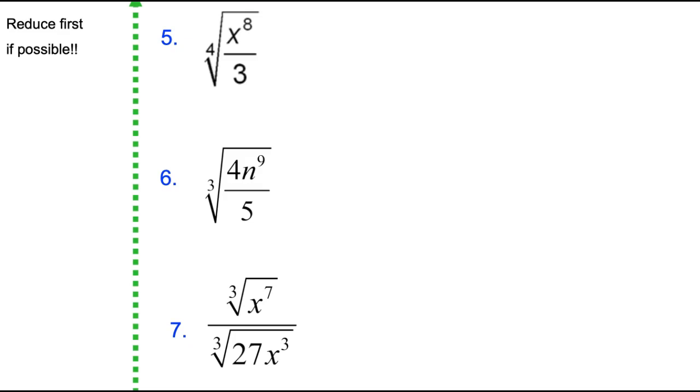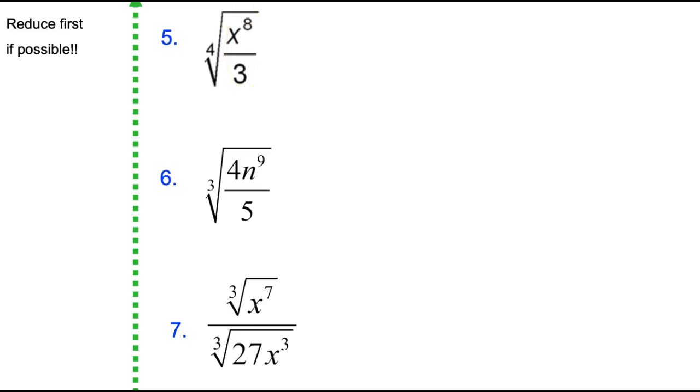Now we have fourth roots, cube roots of like whole fractions. So this isn't too big of a deal. We are going to break these up. Well, first see if anything simplifies in here. Does anything simplify? No, nothing simplifies, so forget about that.